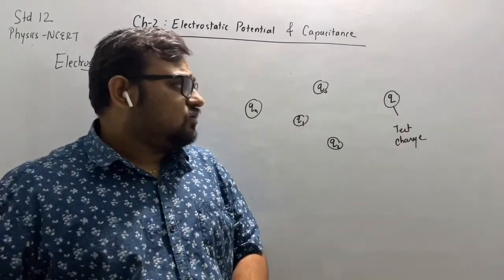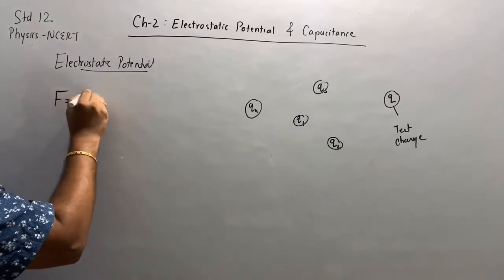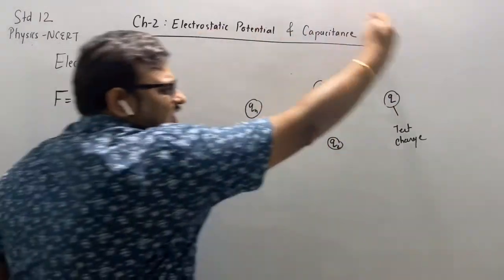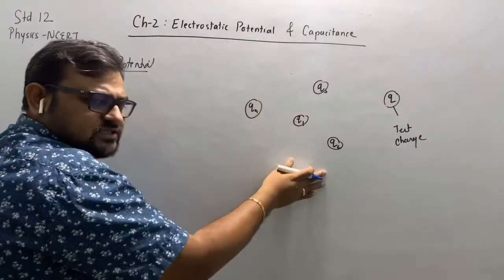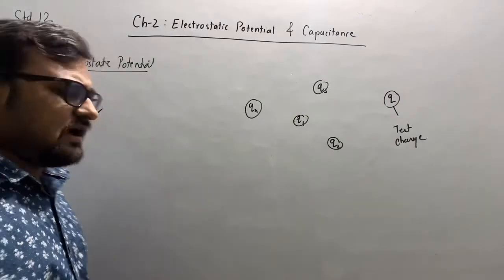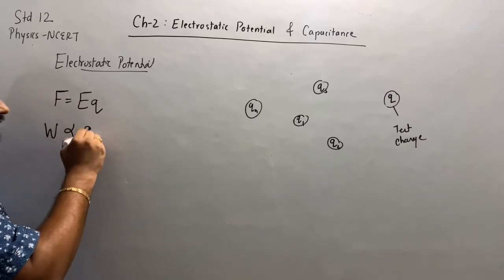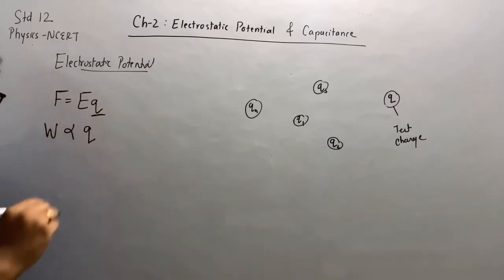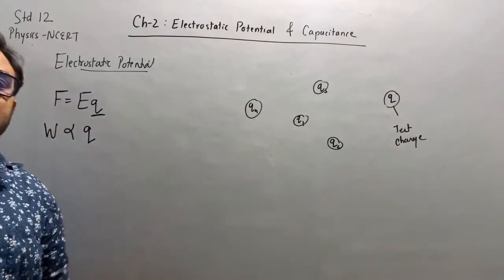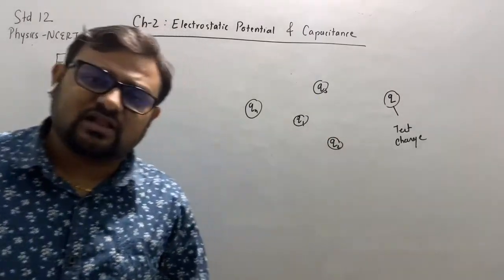Now the force acting on this charge, F, will be equal to the electric field in this region due to these charges times Q. So work done, I can add force and displacement. So work will be directly proportional to charge Q, meaning the higher the charge, the higher the work done and the higher the potential energy.